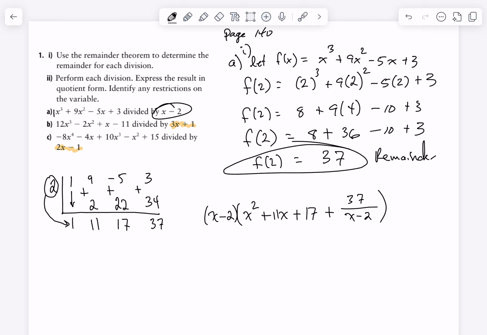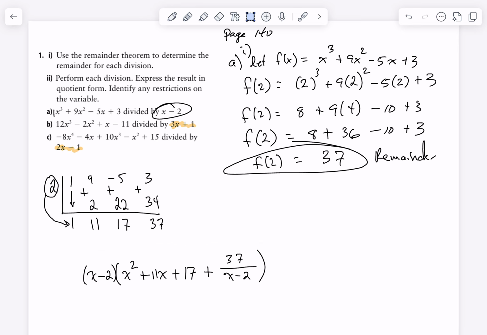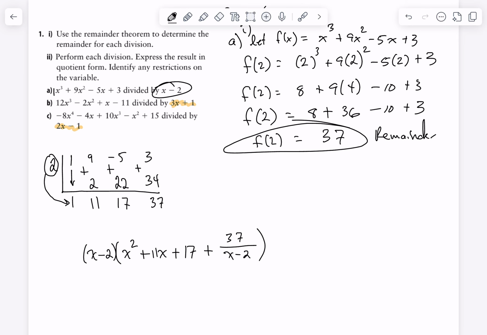If I were to expand this out, as we discussed in class, maybe I'll bring it down here so you can see this whole thing. If I expanded it out, I would get back x cubed plus 9x squared minus 5x plus 3.